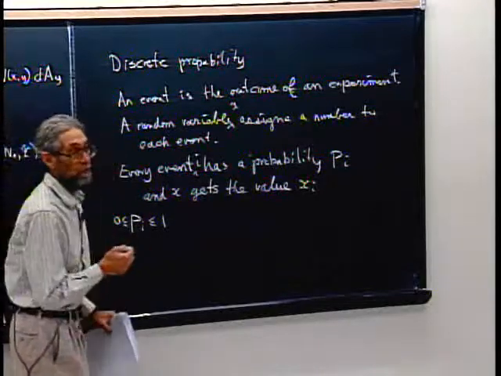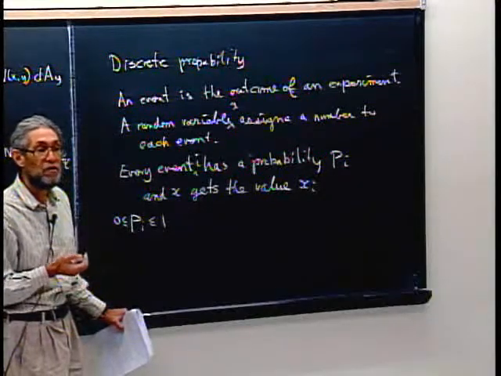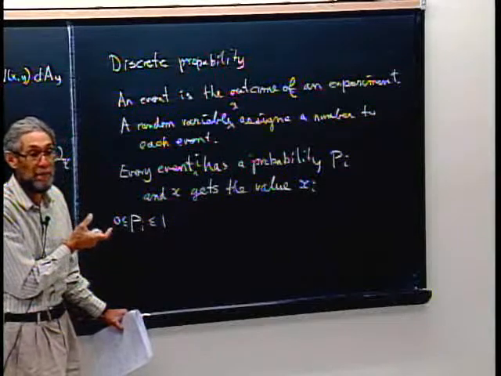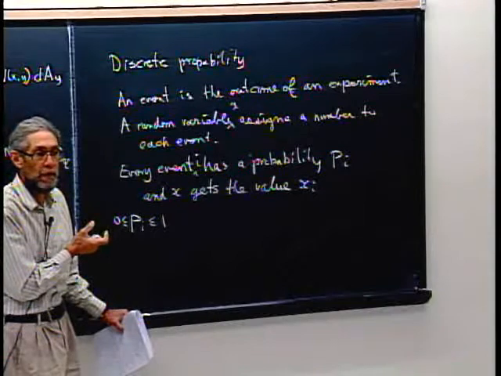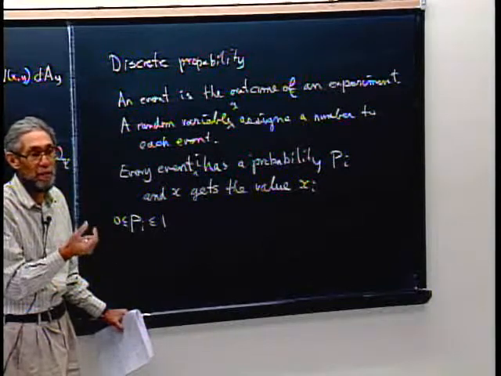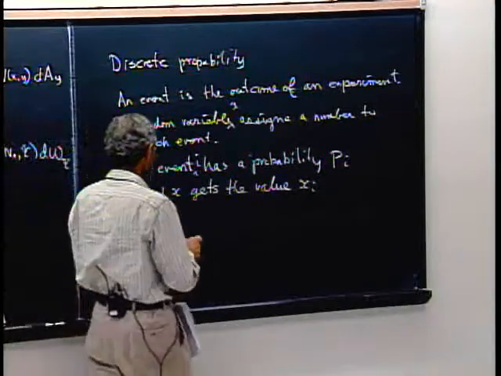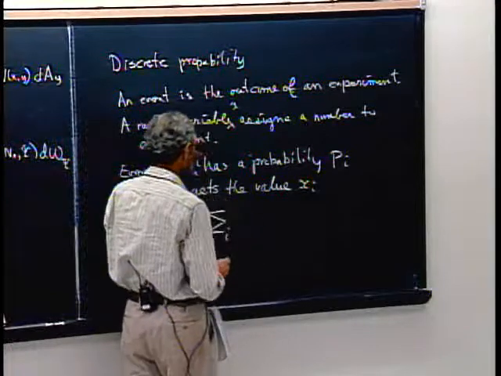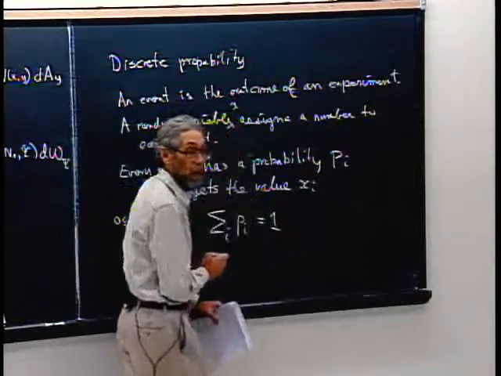But the event could also be that it's either 1, 2, 3, 4, 5, or 6. Then the probability would be 1 that one of them would happen. Or the event would be that the die ends on its point, which is never going to happen. So that probability is 0. The other thing is if you sum over all the events, p_i, that has to add up to 1.